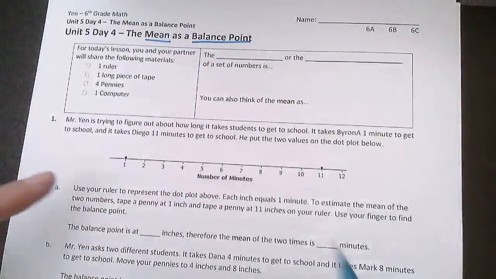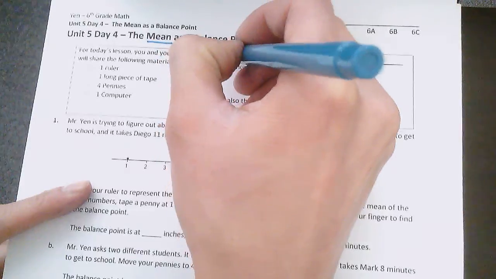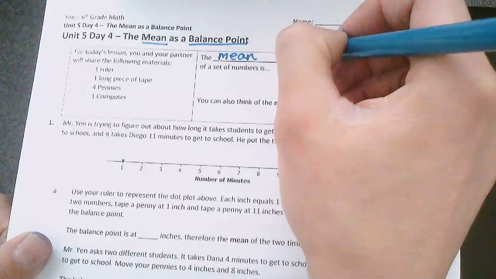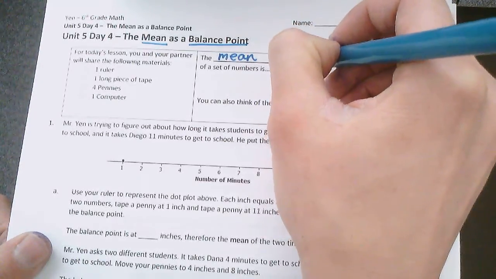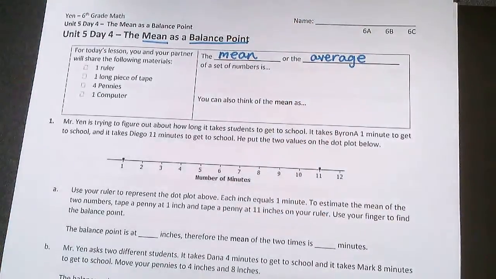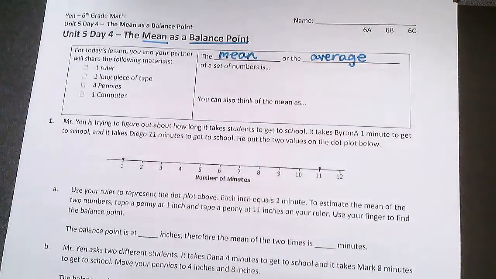So the mean, that's what we're going to fill in here, M-E-A-N, in math. Another word for the mean is the average. So the mean or the average of a set of numbers. If you think about what your grade point average, your GPA is, that's kind of like the number that represents the middle value of all of your grades.